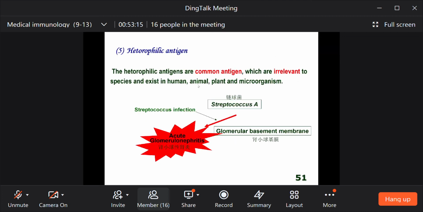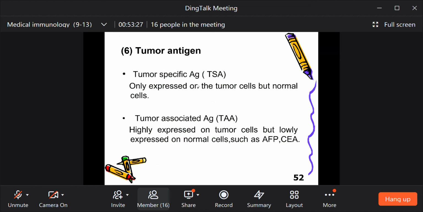The other one, I think, is not very important for us. You just need to know that it's okay. And the sixth is the tumor antigen. Here we mention it to introduce this special antigen, because the tumor develops from the normal cell.